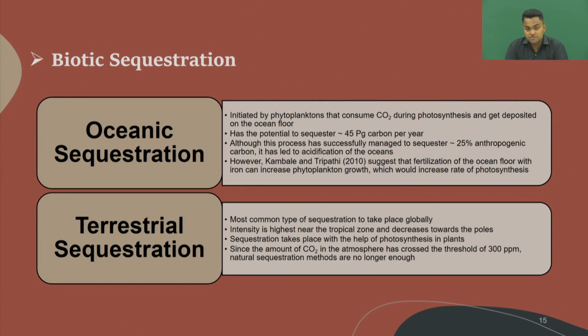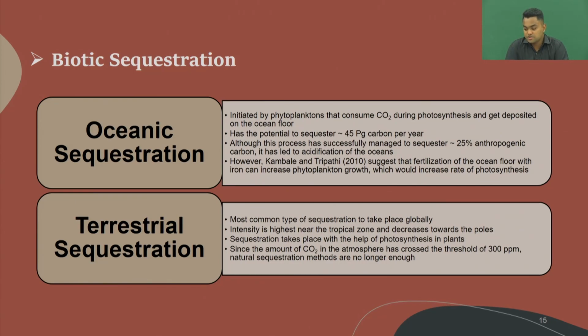Biotic sequestration, which refers to natural sequestration, can be done by oceanic or terrestrial ways. Oceanic sequestration involves sequestration of carbon dioxide by phytoplankton. They use carbon dioxide for photosynthesis and then they get deposited on the ocean bed. This method aims to sequester around 45 gigatons of carbon dioxide per year.